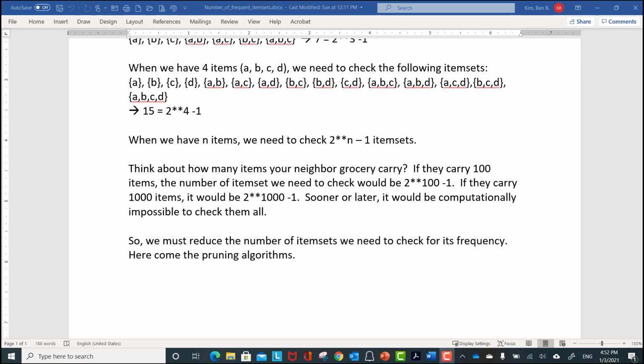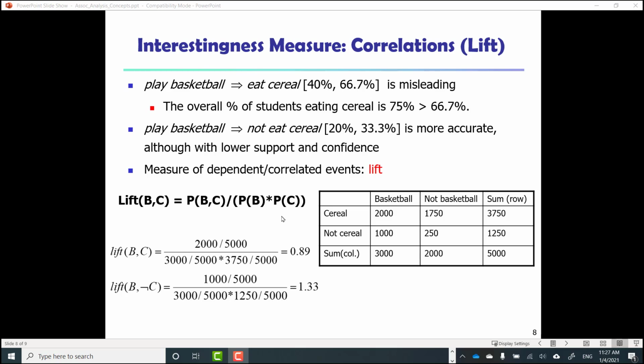All right. So using the a priori algorithm, we figured out all those frequent item sets. After that, the next thing we need to do is a correlation analysis. Specifically, we need to calculate the thing called lift. Let's use this example over here. Here we have 5,000 transactions.